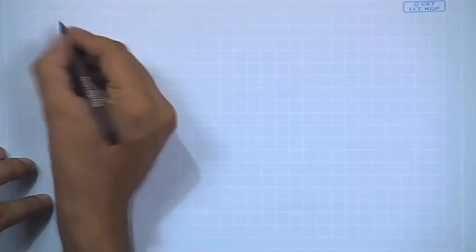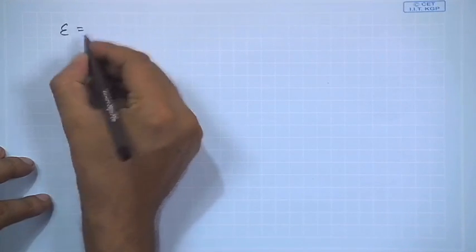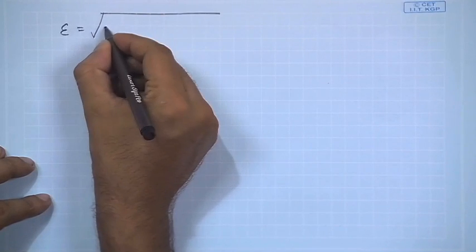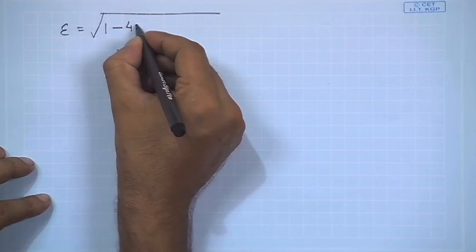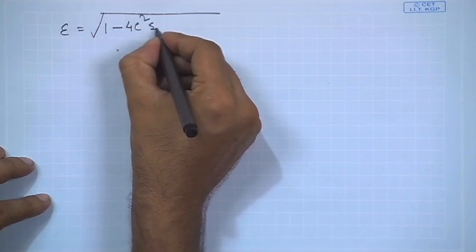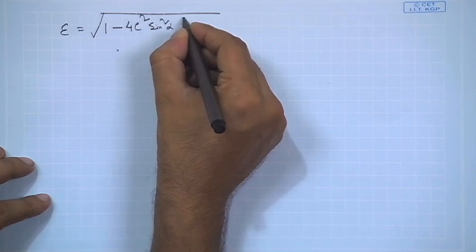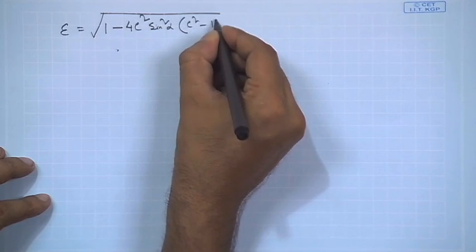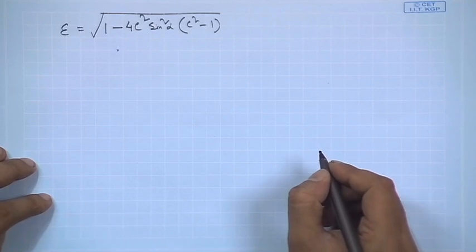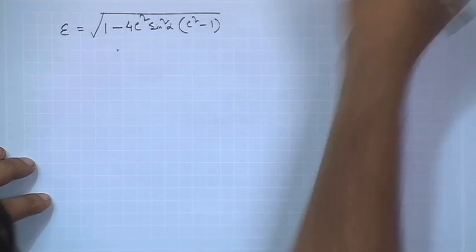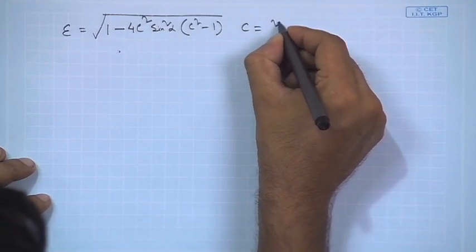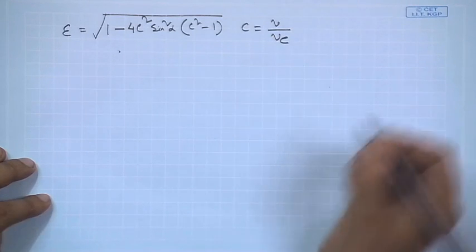So, we get an expression for epsilon, which is root over 1 minus 4 c square sin square alpha (c square minus 1), where c is equal to v by v e.